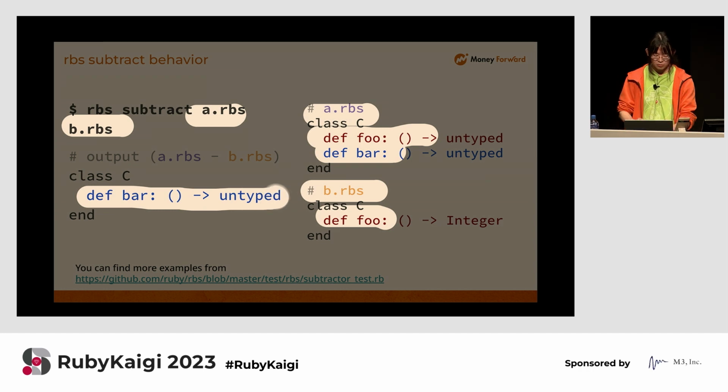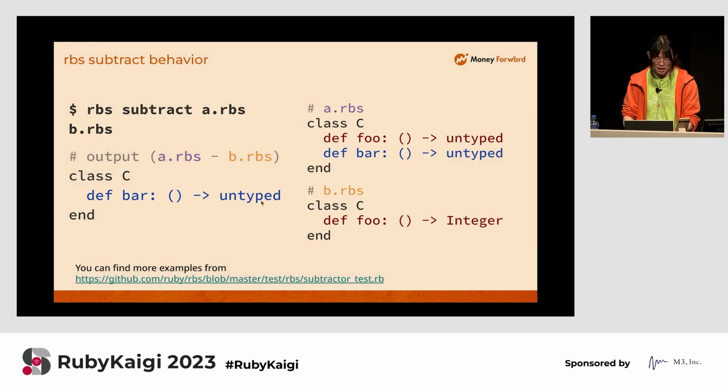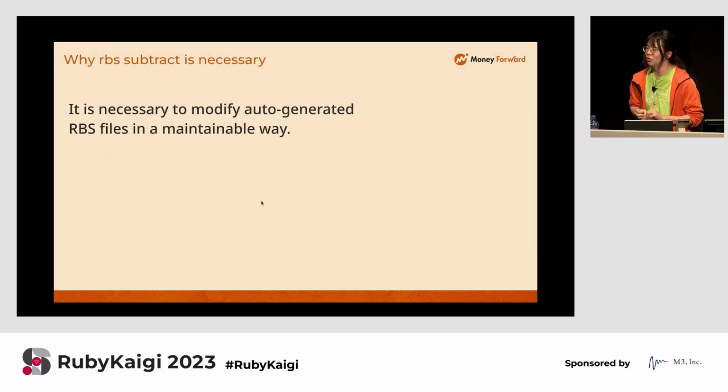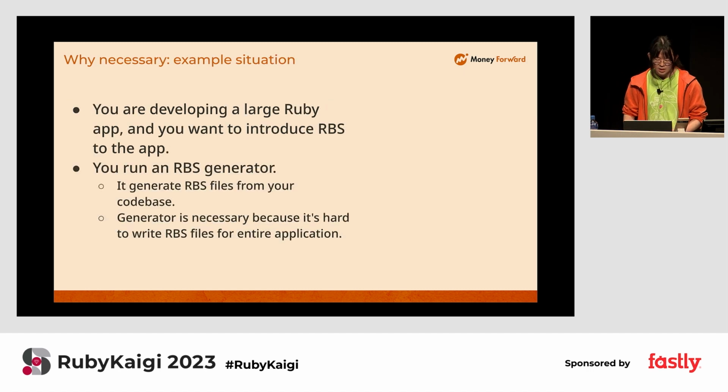So this is the feature, but I guess you do not understand why this command is necessary. This command is necessary because it modifies auto-generated files in a maintainable way. Let me explain with an example situation.